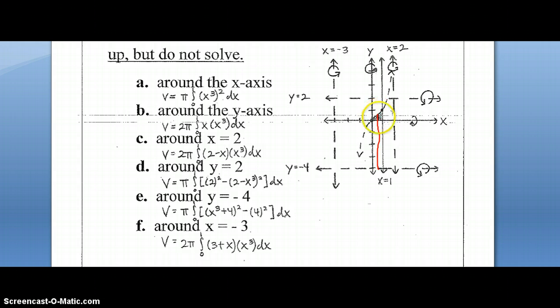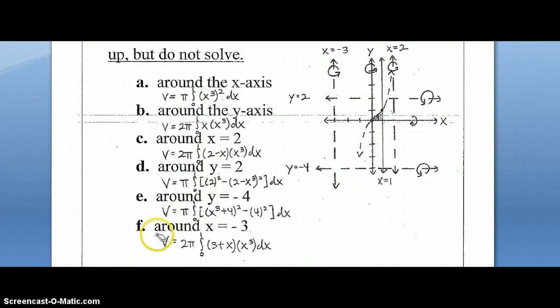So it's going to be x cubed plus 4. Our inner radius is simply the x-axis down to -4, but the distance is still 4. So our integral is pi times the integral from 0 to 1 of our outer radius, x cubed plus 4 squared, minus our inner radius, which is just 4 squared dx.